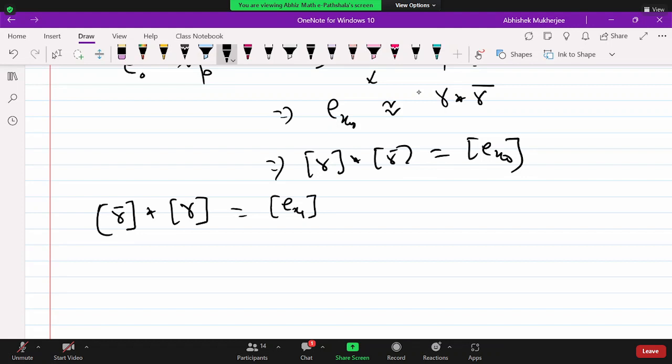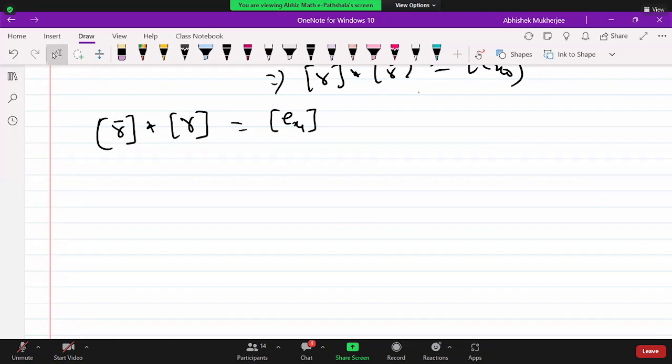So how to form a group? We are taking the paths by collapsing the end points, the terminal points.